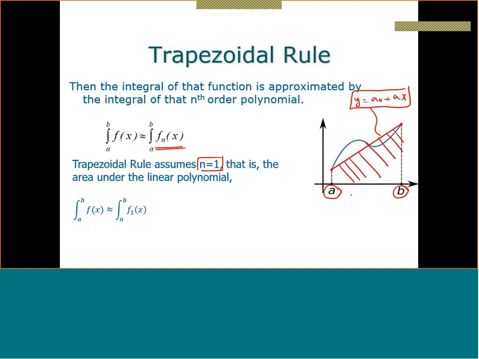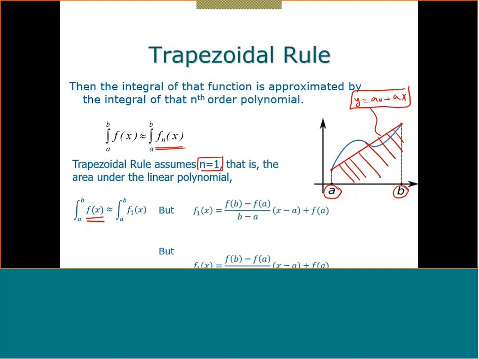So if f of x is the function in the blue line, I will be approximating it with the red line, which is a linear function, and f1 can be represented as f of b minus f of a over b minus a.